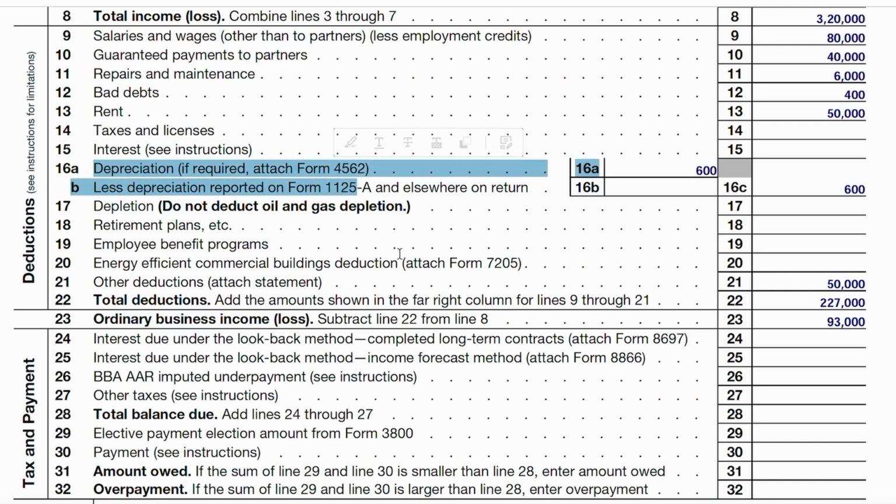This is important because in the exam they can ask you ordinary business income, and they can give you in the question charitable contribution, section 179 deduction, MACRS depreciation. You would need to know that you cannot deduct charitable contribution or section 179 deduction from gross income to arrive at ordinary business income. You cannot do that. So this is important. You need to know ordinary business income.